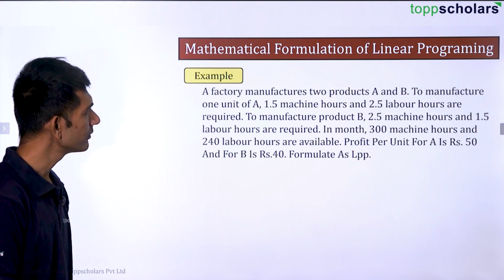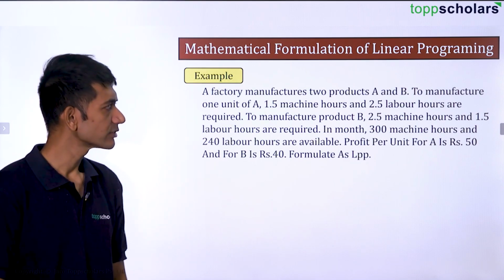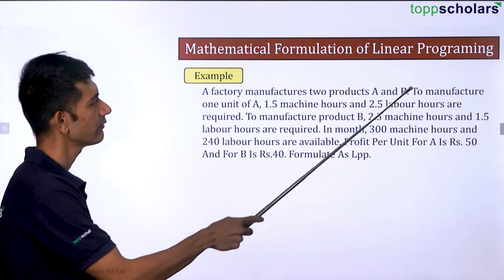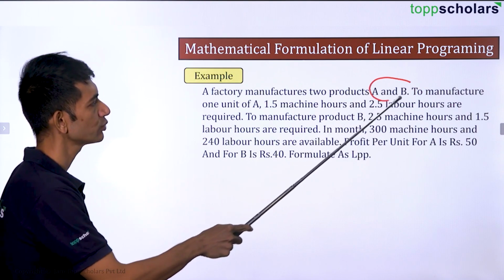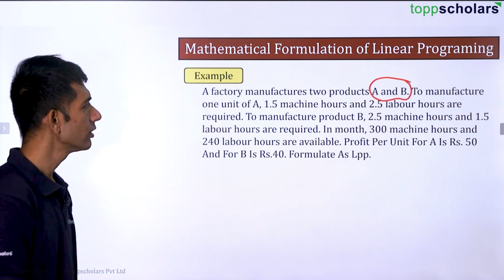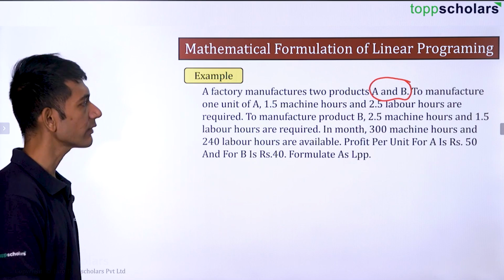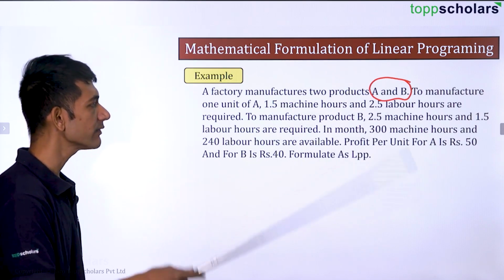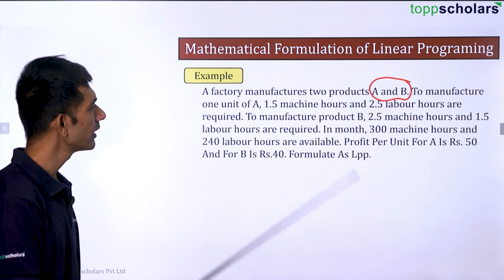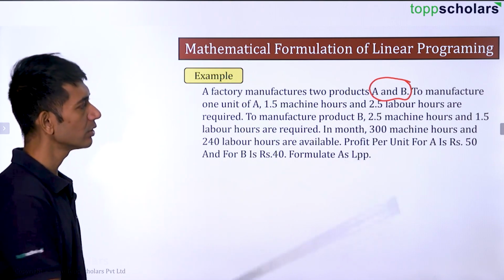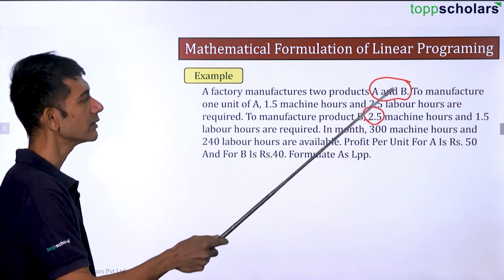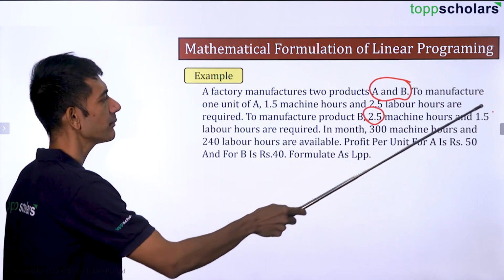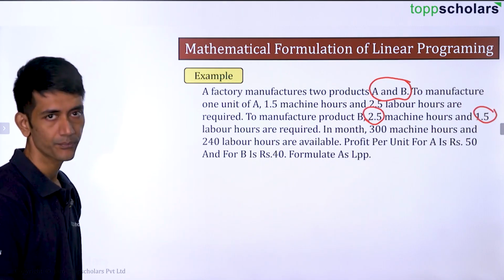Let us see an example. A factory manufactures two products A and B. To manufacture 1 unit of A, 1.5 machine hours and 2.5 labor hours are required. And to manufacture product B, 2.5 machine hours and 1.5 labor hours are required.